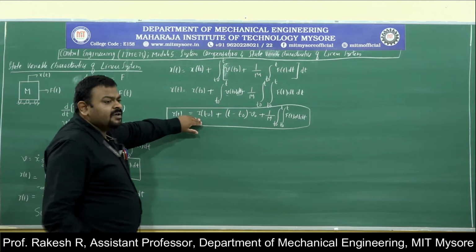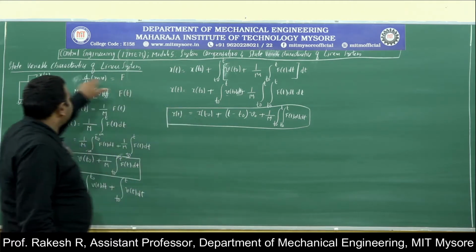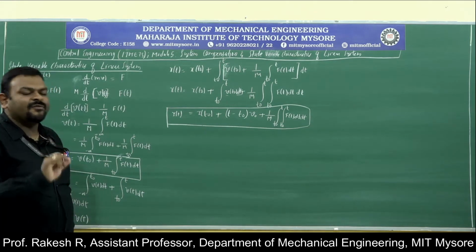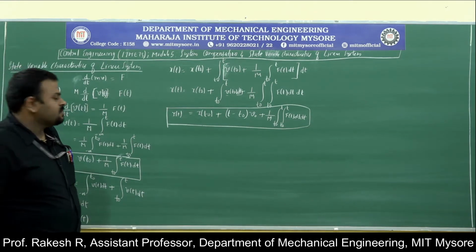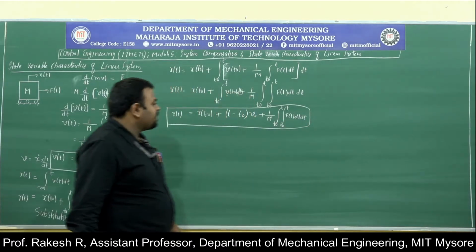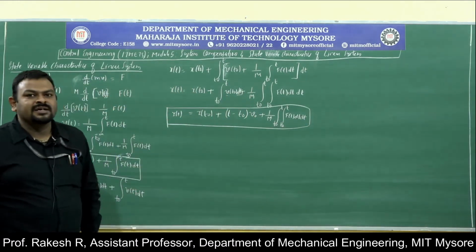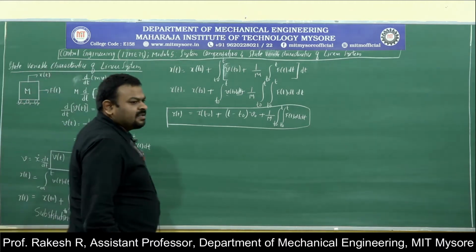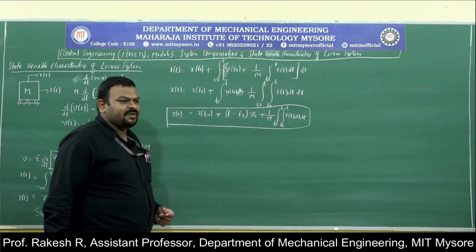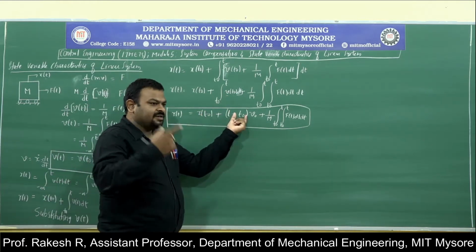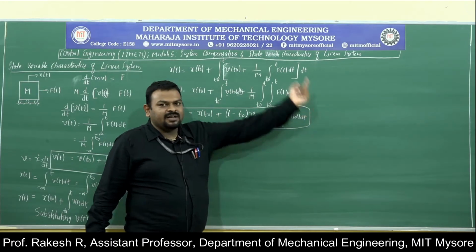So basically we are representing a system in terms of a differential equation in Fourier series form. This is a general Fourier series. Then further this can be converted into state variables. Here this equation will give first the initial condition, then x dot, then x double dot, like that it will go.